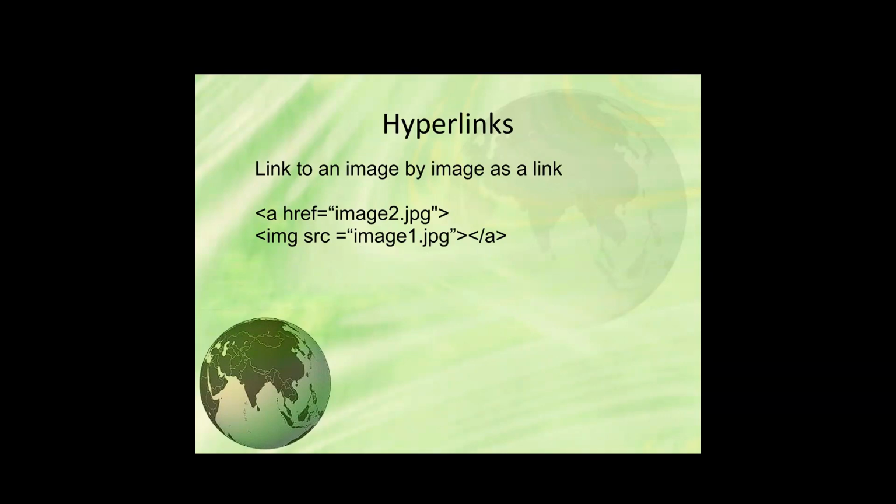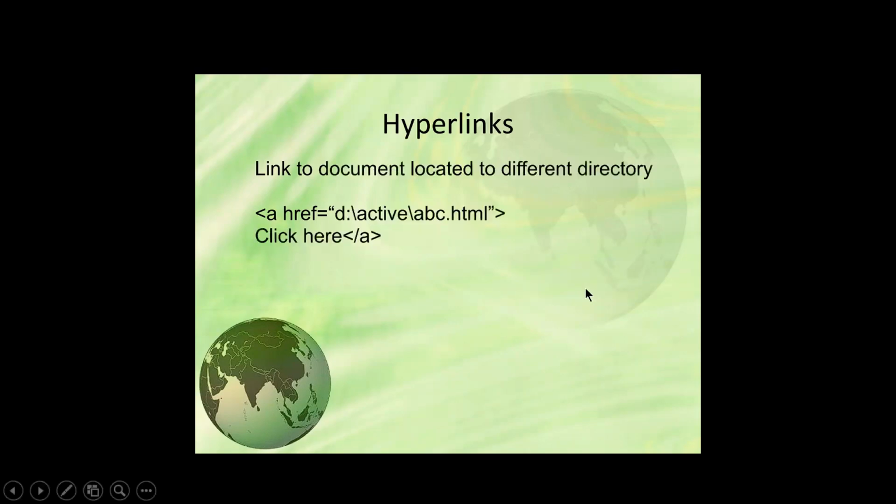Here src is known as source, which is given as image 1, and image 2 is given in the hypertext link, so that both images are linked with each other.